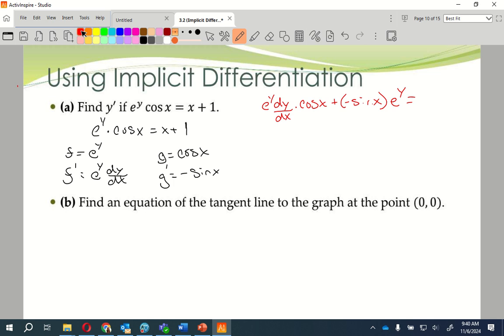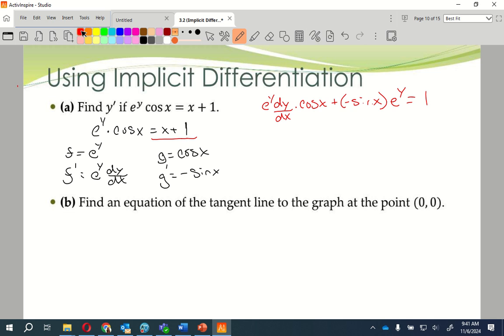Just the right side. We're still over here, because we have to get just one, right? On all these implicit problems, you'll notice that there's an equal sign that I can actually manipulate.